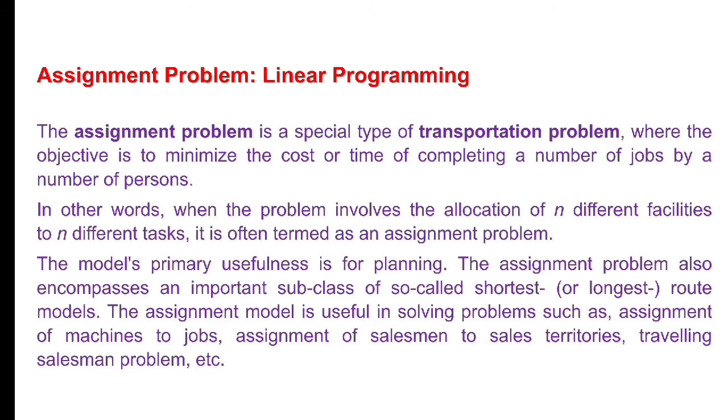The assignment problem also encompasses an important subclass, the so-called shortest or longest route models. The assignment problem model is useful in solving problems such as assignment of machines to jobs, assignment of salesmen to sales territories, the traveling salesman problem, etc.